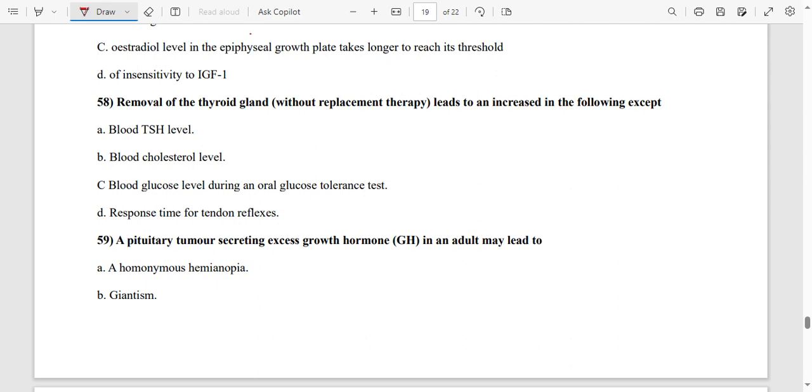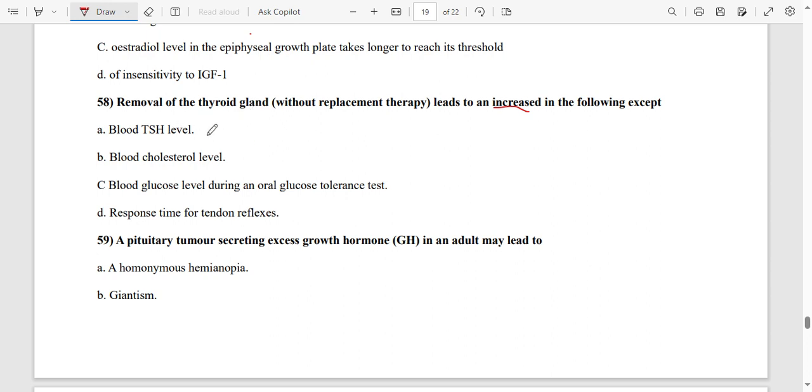So when you remove the thyroid gland, it will not be able to increase blood glucose levels in the body. When you take glucose by mouth, it will not be able to increase it if you remove the thyroid gland.